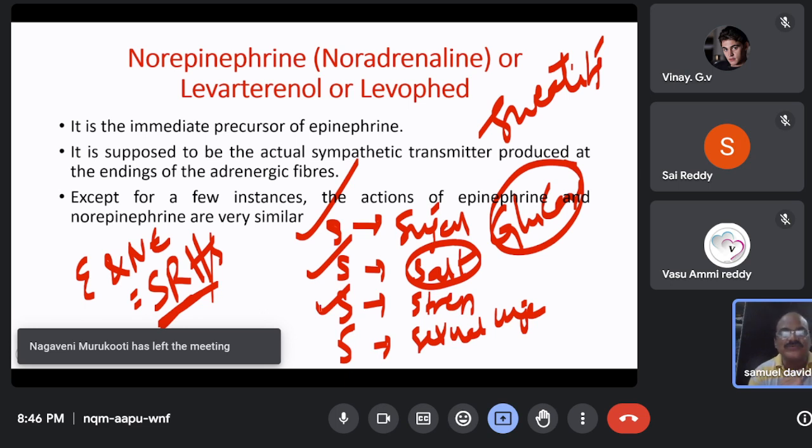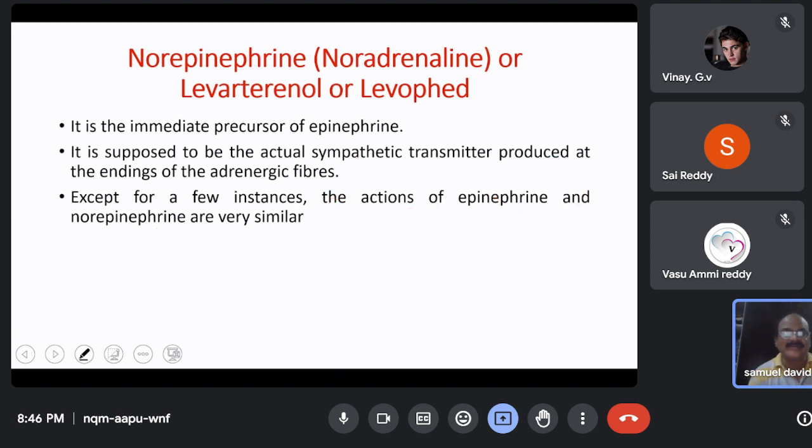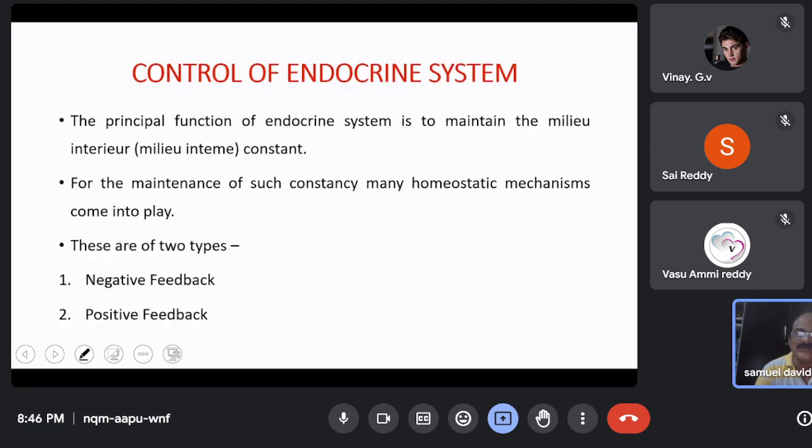So this refers to S, and this is also involved in increasing the sexual urge of the individual. And so far, we have not seen any disorder related to the hypo or hyperfunctioning of adrenal medulla. The disorders we have seen are only with respect to the hypo or hyperfunction of adrenal cortex, not adrenal medulla. So there is no disorder associated with it.